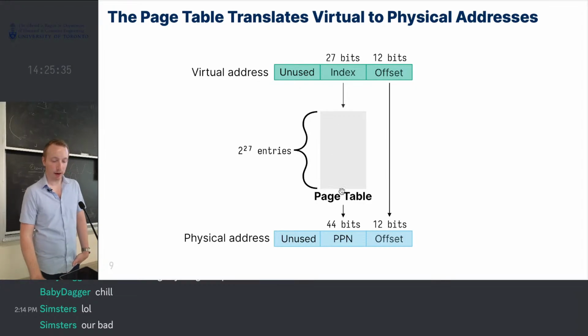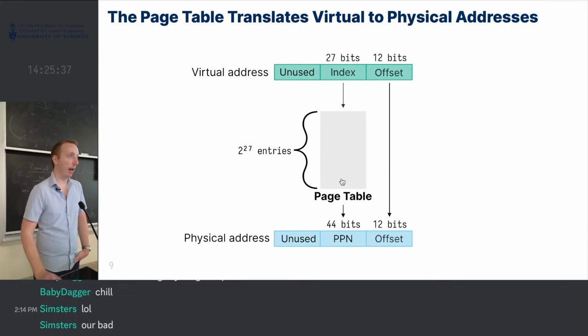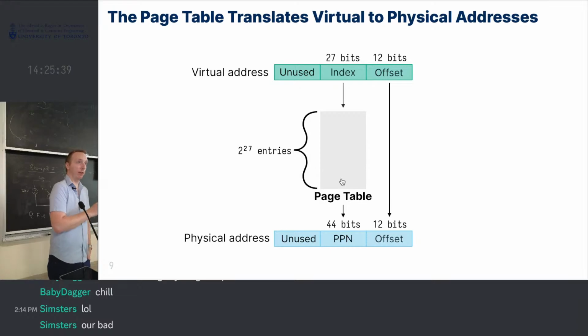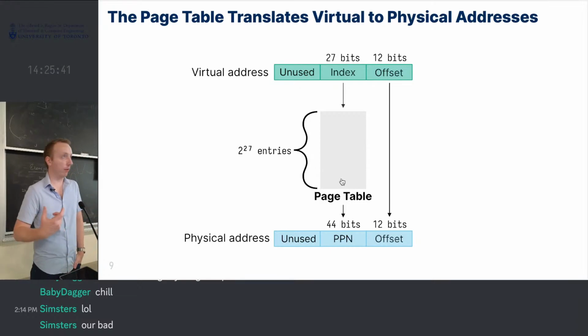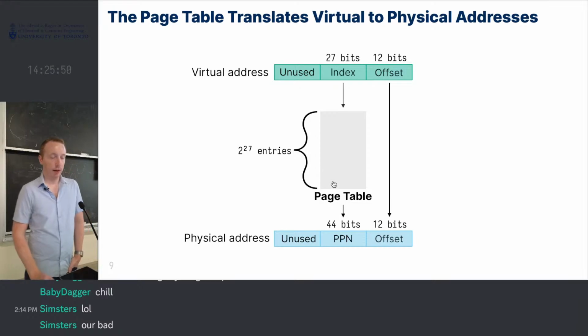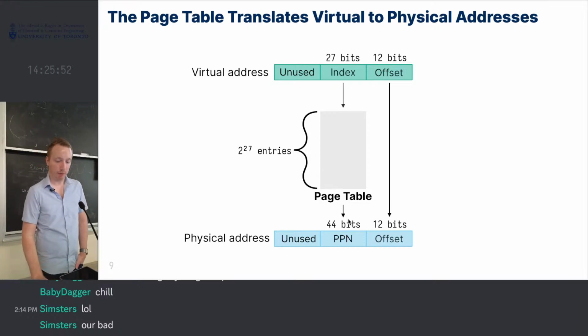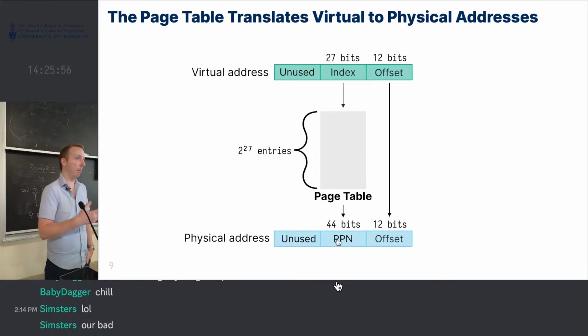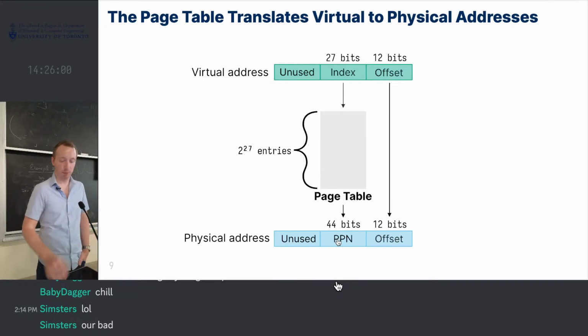Then our page table would have an entry for every single virtual page number, so it's just used as an index. In this case, it would have 2 to the 27 entries because this is 27 bits. From the page table, all it would spit out is the physical page number. You just replace the virtual page number with the physical page number.